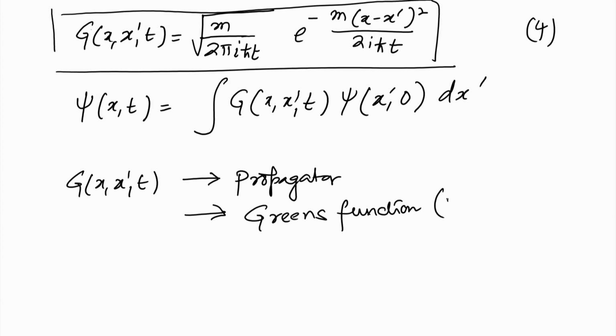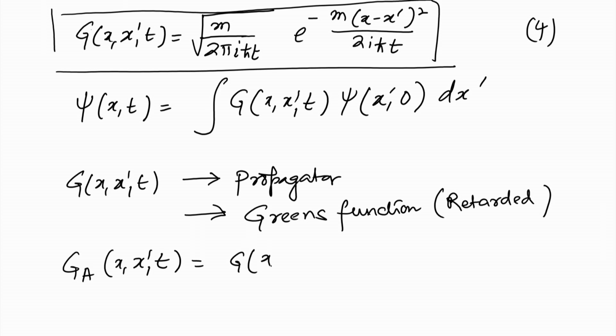In particular we have learned for the retarded Green's function, but we can also write it for the advanced Green's function in a similar manner, where we just need to write the advanced Green's function of x x prime t as equal to g x x prime t and a theta of minus t.